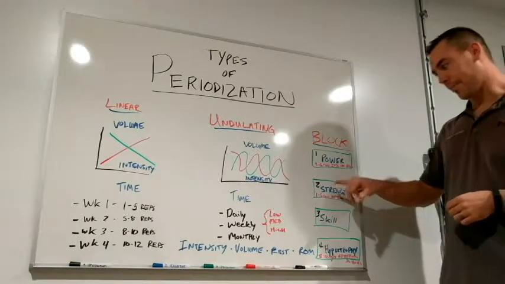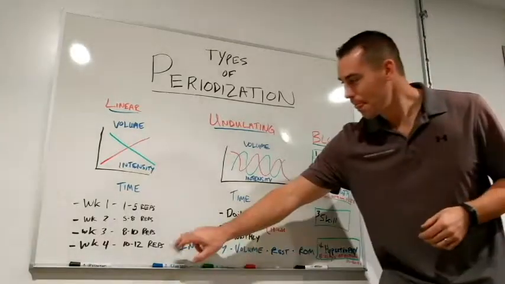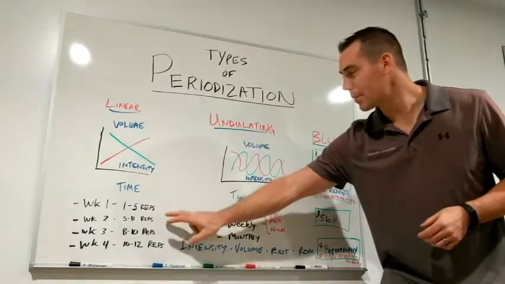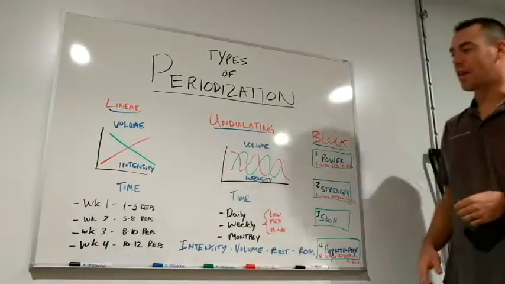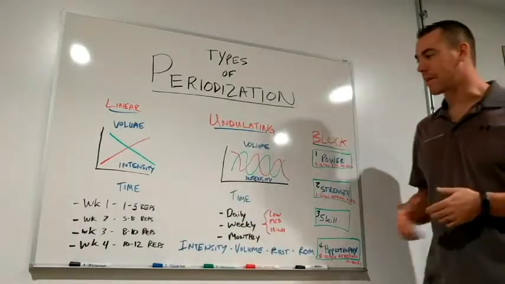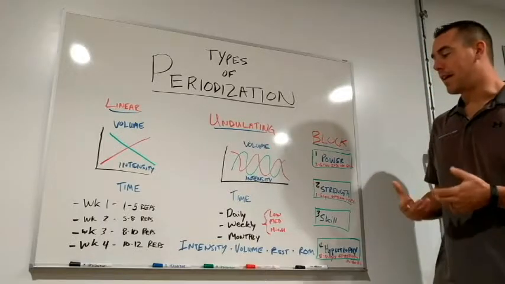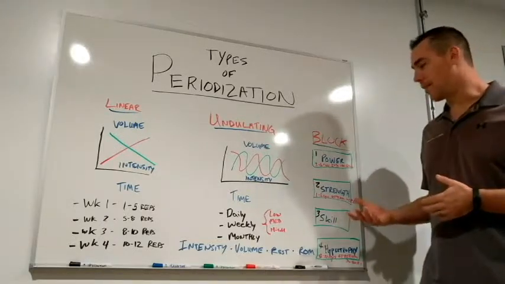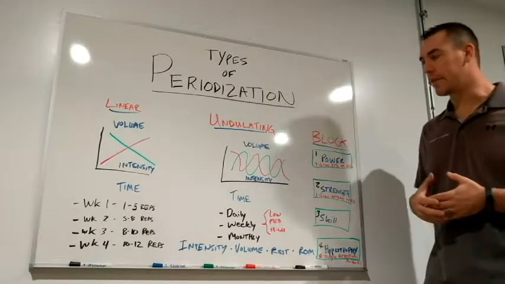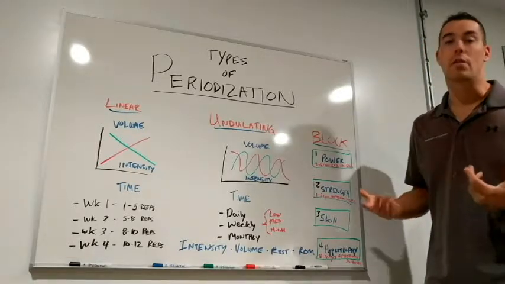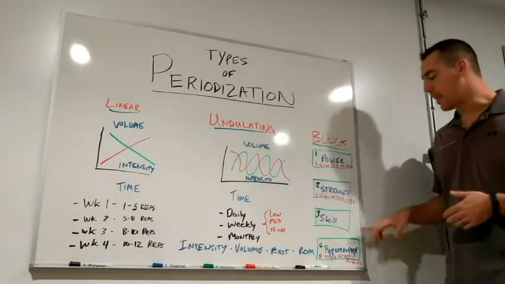This might be first week, you're doing one set of 5. Second week, you're doing a couple sets of 3. Third week, you're doing 8 sets of 2 or something like that. So that's just an example.